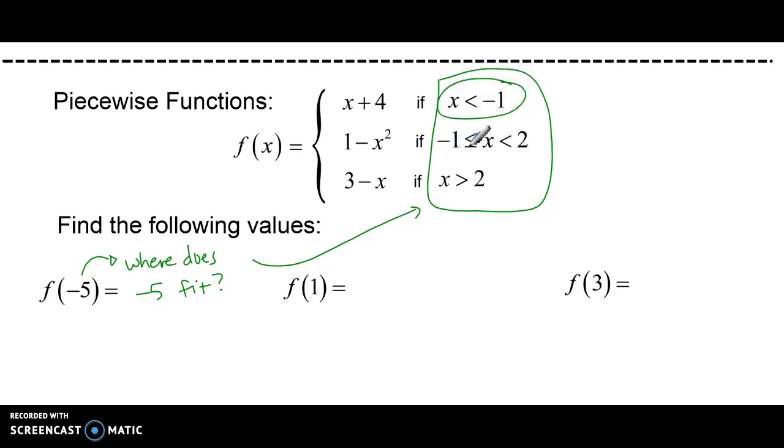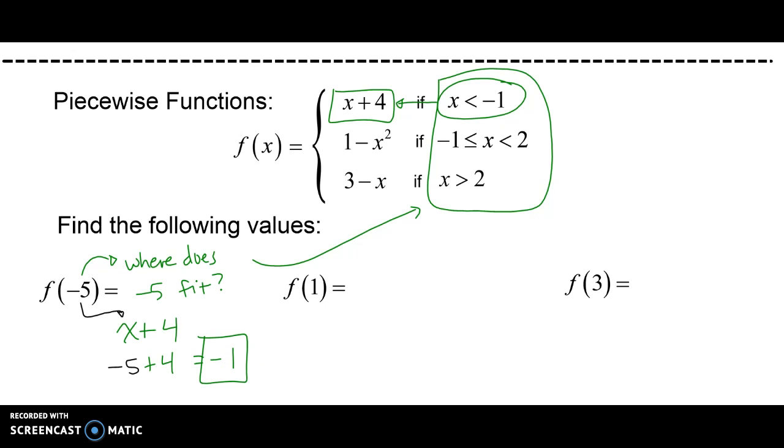It's not between negative 1 and 2. It's not bigger than 2. Negative 5 is smaller than negative 1. So first you figure out which inequality it fits. Once you know which inequality it fits, that tells you what equation you're plugging into. We are going to use the equation x plus 4, oops, I almost wrote x plus 5, x plus 4, and we're going to plug negative 5 in for x.